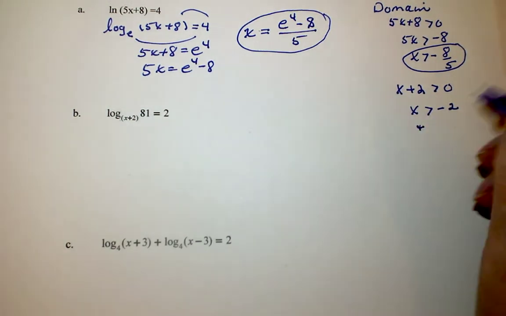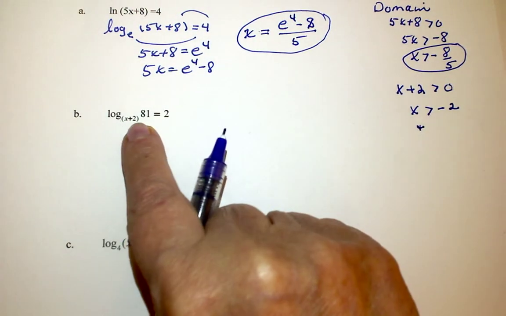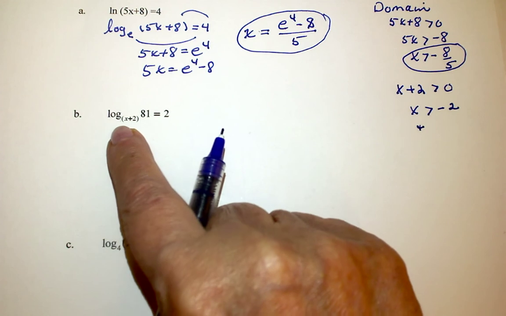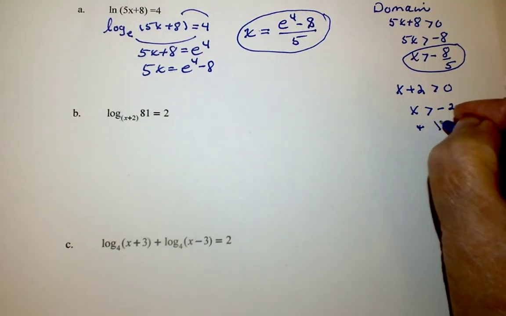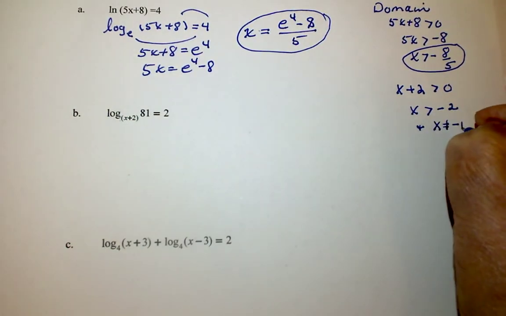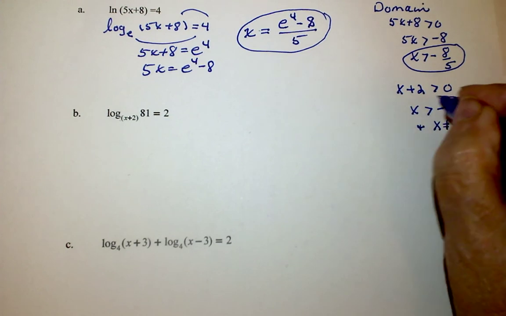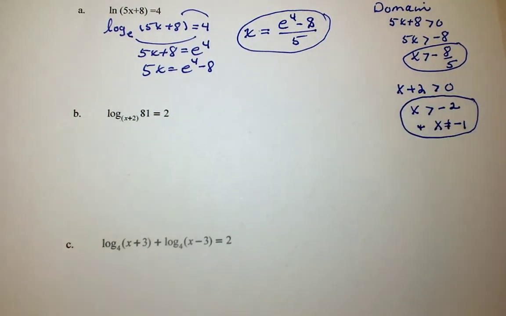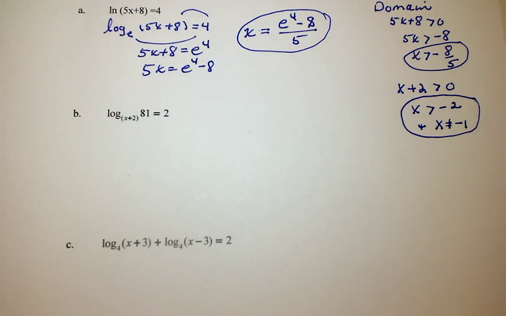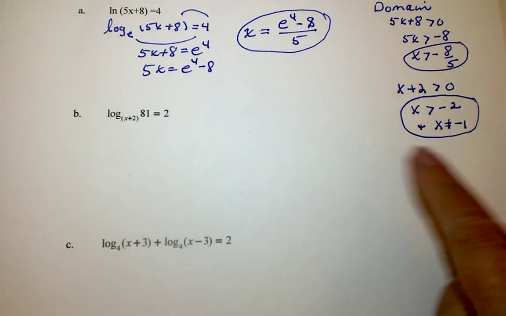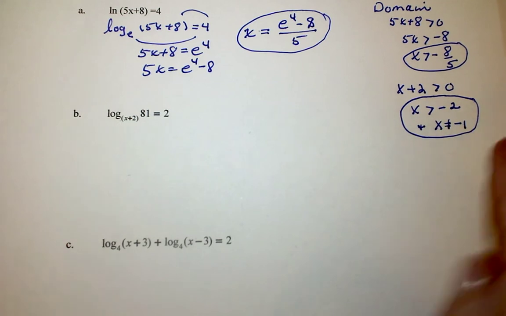And I'm looking at this, the base can't be 1, so x can't be negative 1. So there's your domain. I would mark you wrong if you didn't get that.